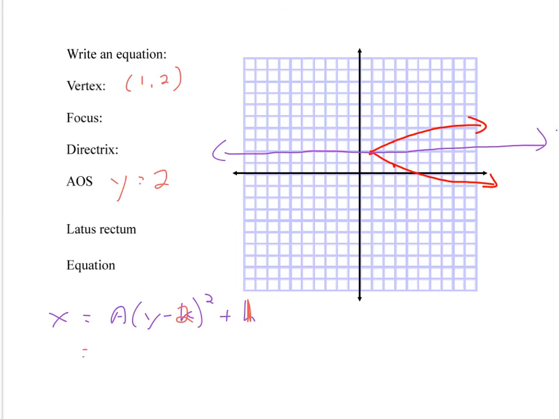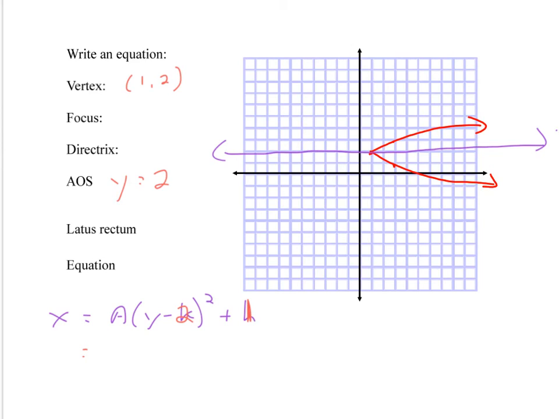And now in order to solve for a, I'm going to take another point, and I'm going to choose this point right here because I can see what it is. I'm going to take this point right here, which is at 3, 1, and I'm going to plug it into my equation and solve for a.